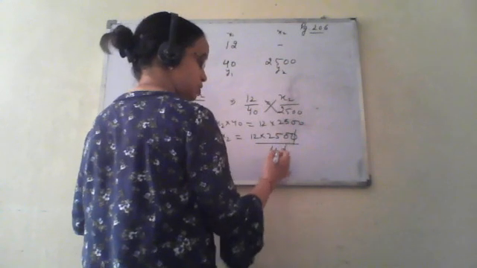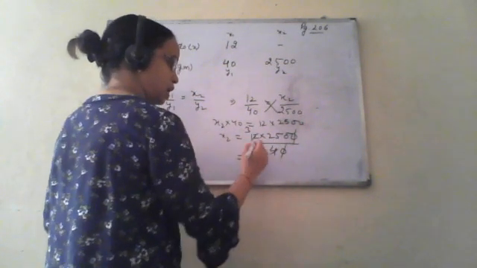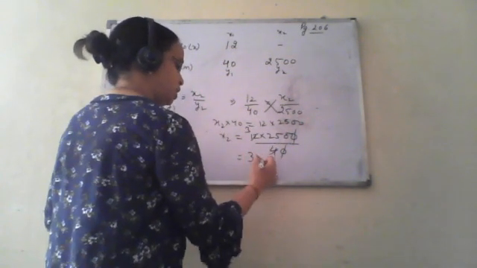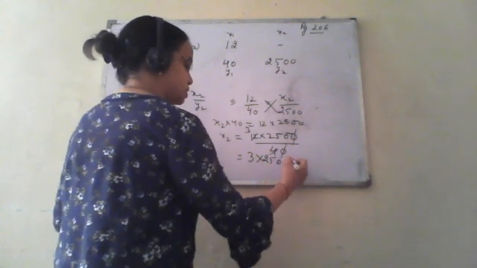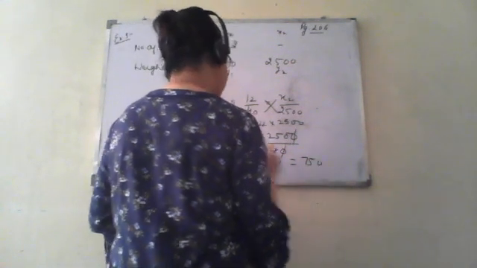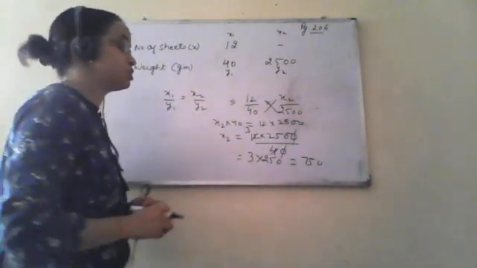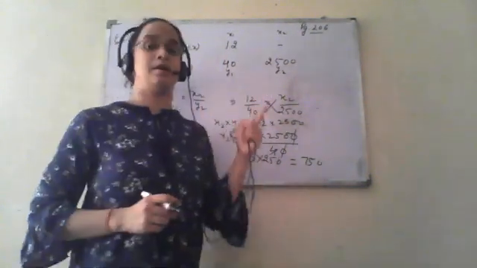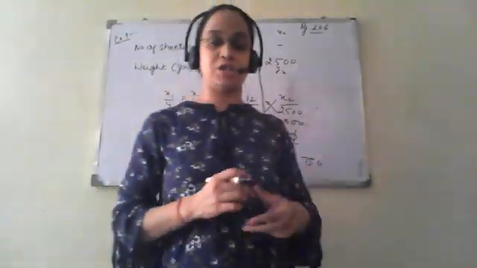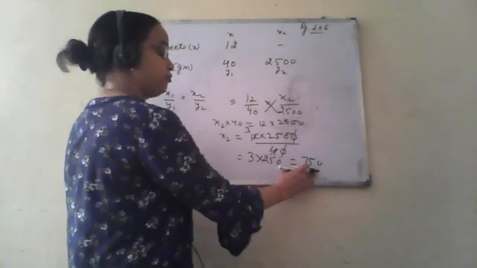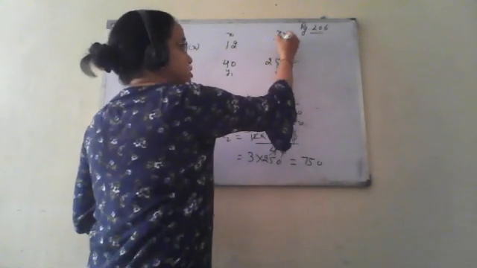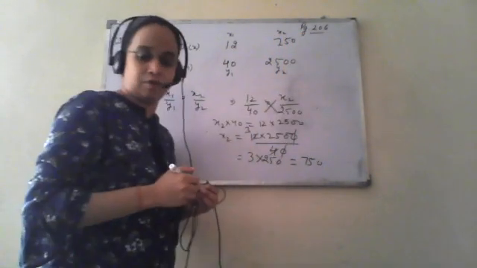We can cancel out, and if we multiply 3 into 250, the answer is 750. That means the value of x2 is 750, which means in 2500 grams or 2.5 kg we will have 750 sheets.